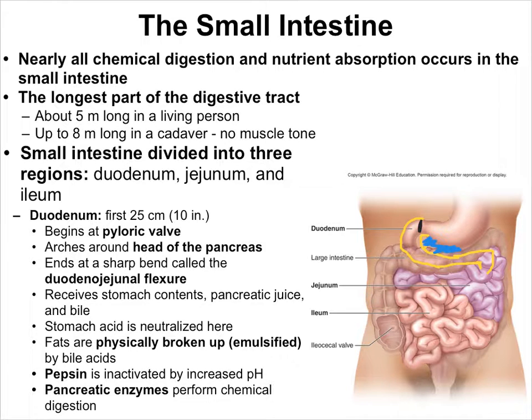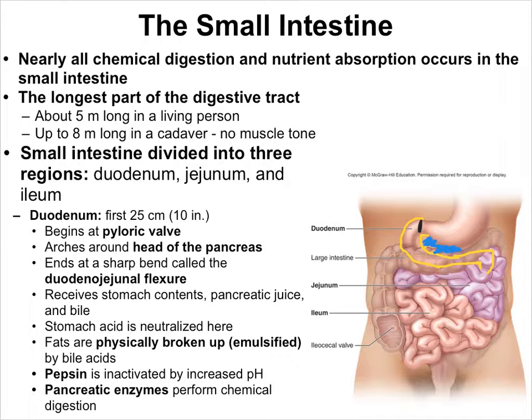You can't exactly see it here because it's obscured by the large intestine. That is the duodenum. It's just this basically first sigmoidal section, curve coming off of the stomach, going laterally, and then curving again. Once you get past that point, you're out of the duodenum.